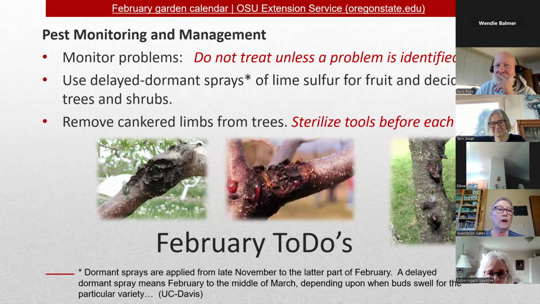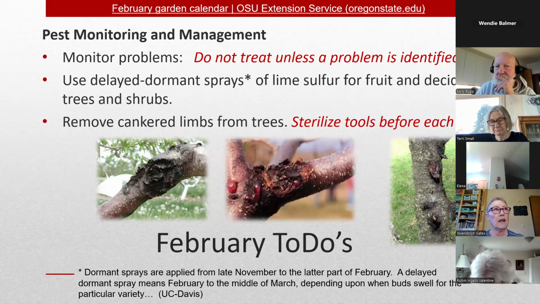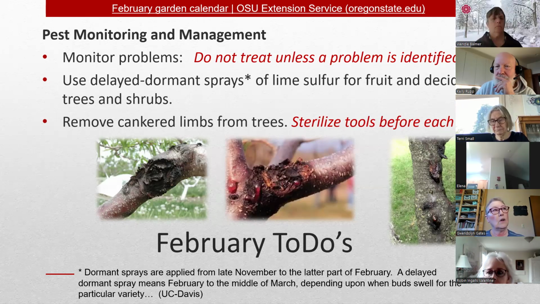Yeah. Well, I noticed that on the dormant spray that I have for the roses, it says that you can go up to like a quarter of an inch of new growth, and then you can do it again, up to a half an inch. So it said that you can do it with a little bit of growth coming out.